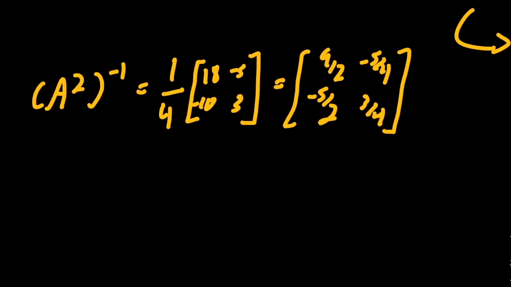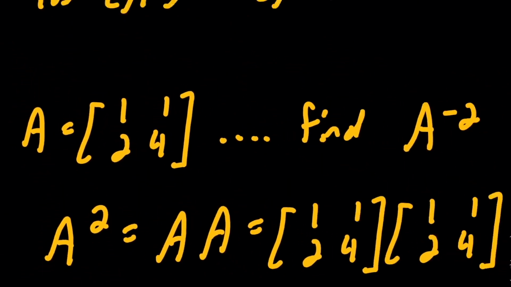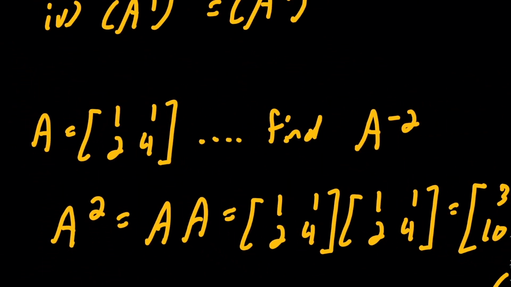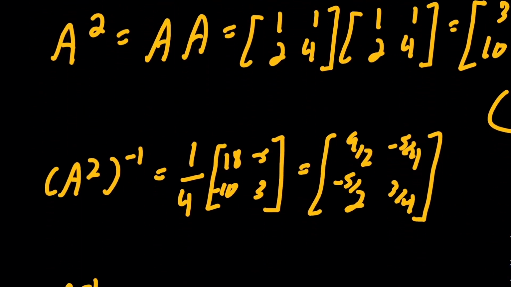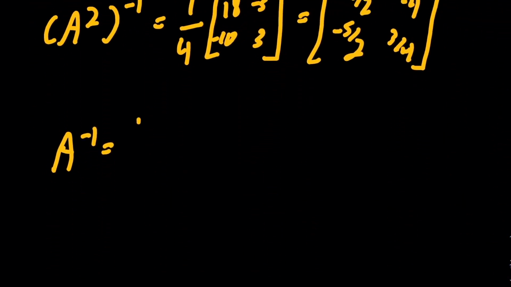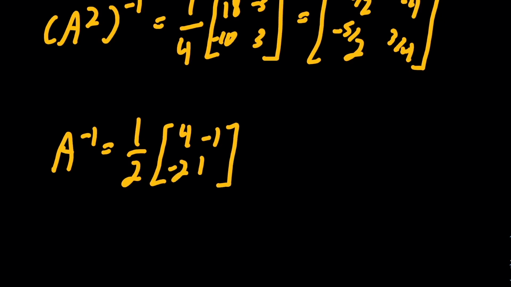Another way is like this. So let's look at A and find the determinant of it. So we have 4 minus 2, so that's 2. Therefore the fraction is going to be 1/2. And A and D switch places. B and C both multiply by negative 1. And then we just distribute the scalar, and we get 2, negative 1, negative 1/2, and 1.